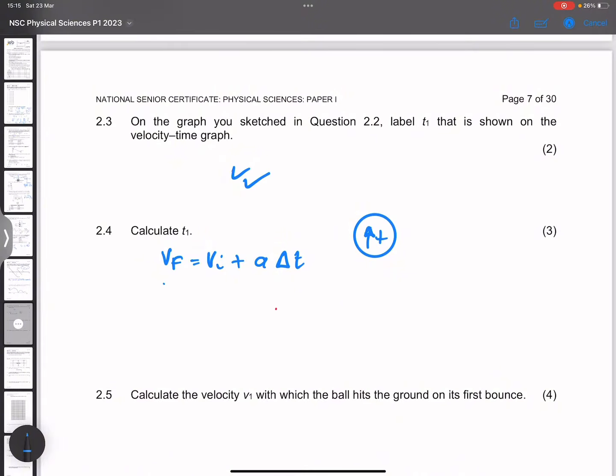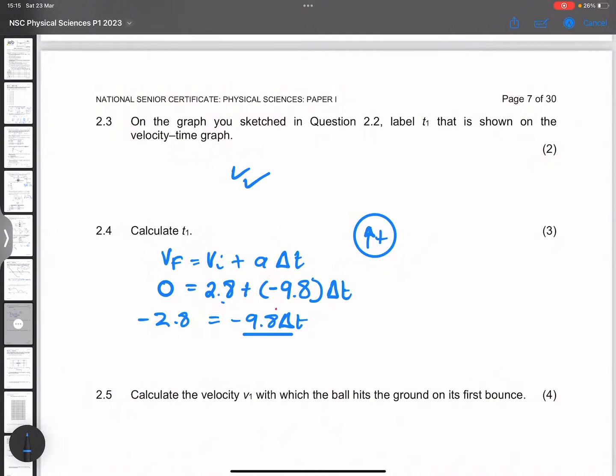So my final velocity, when it gets to the maximum height, is 0. My initial velocity is 2.8, plus, remember acceleration is 9.8, but it is downwards, so that would be minus 9.8 delta t. So that will be minus 2.8 if I take this to the other side, is minus 9.8 delta t.